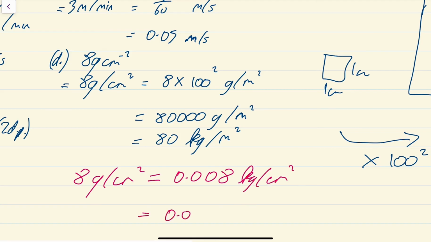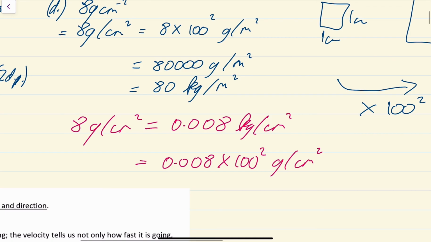And then do your 0.008 times 100 squared, and again, that would give you 80 kilograms per, sorry, that should have been meter squared, kilograms per meter squared. So you can see it will do the same thing.